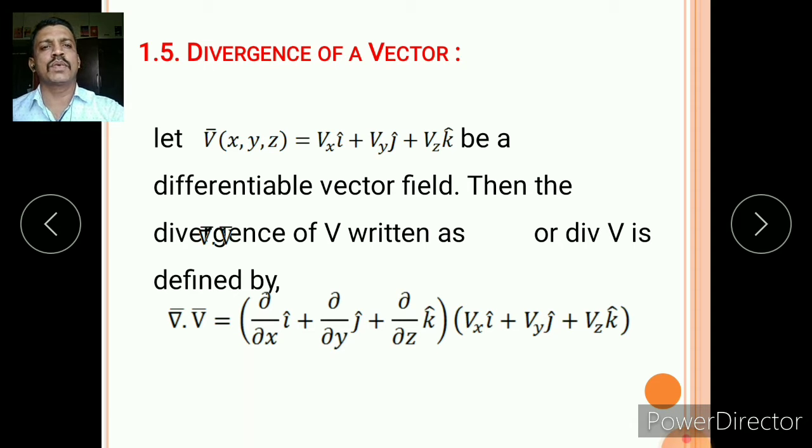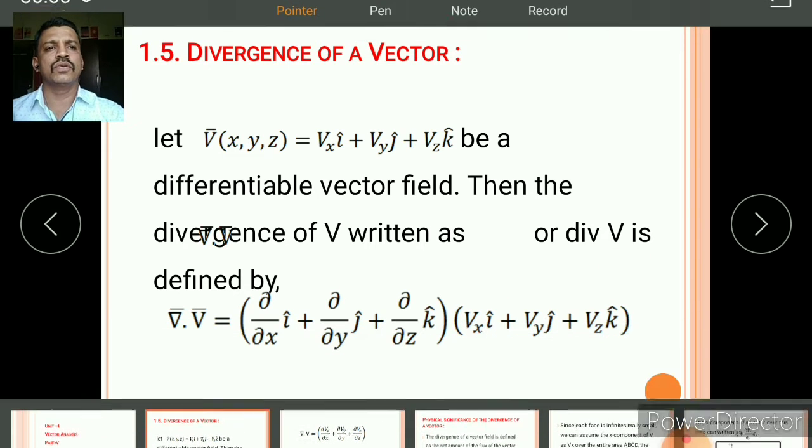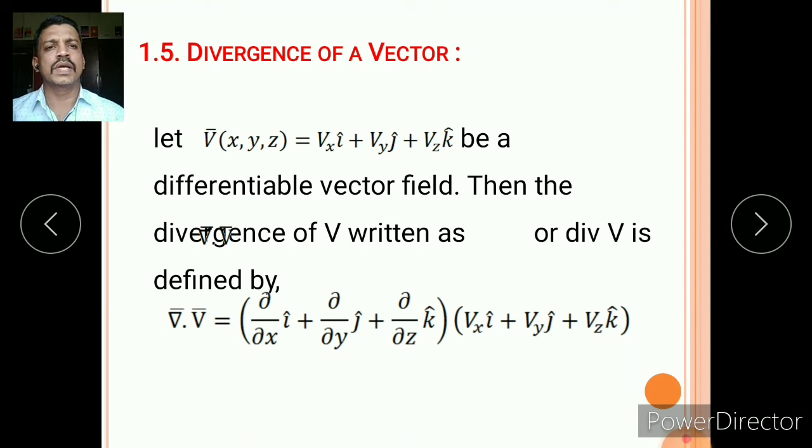Now when we multiply the first term, that is ∂/∂x i with vx i, here i dot i is 1 and therefore you will get ∂vx/∂x.